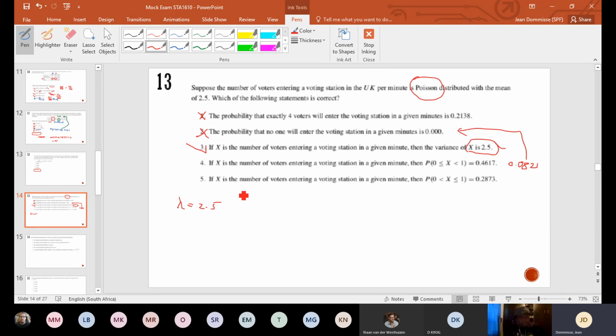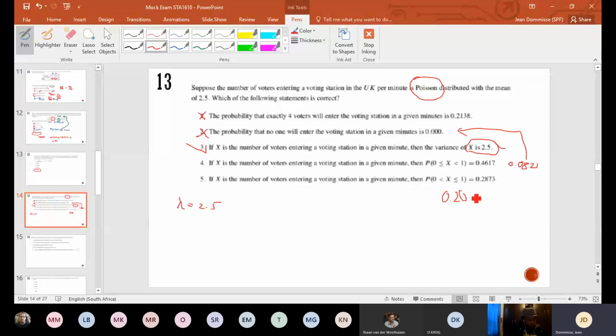The last one, if X is the number of voters entering a voting station in a given minute, where X is bigger than 0, so it doesn't include 0, but it's smaller than or equal to 1. So basically it only looks at the probability that X is equal to 1, and if I look at my table, that looks like 0.052.